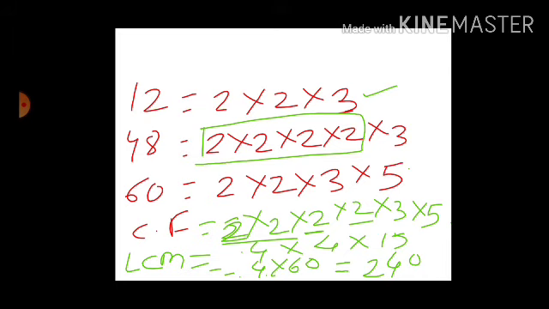Now the next example is 9, 15, 18, 20. Now first we take out the prime factors of 9. So 9 is an odd number.